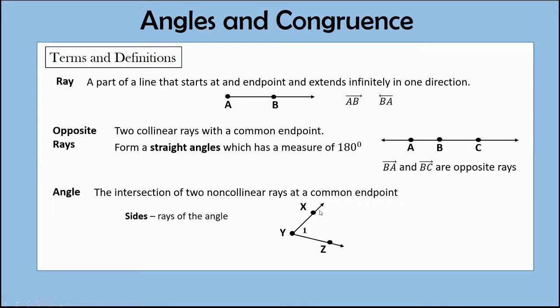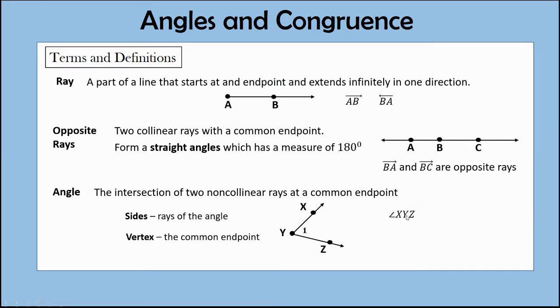The sides of an angle are the rays that make the angle, so the sides of this angle are ray YX and ray YZ. The vertex is the common point they share, so Y is the vertex of this angle. Now, we can name this angle several different ways.